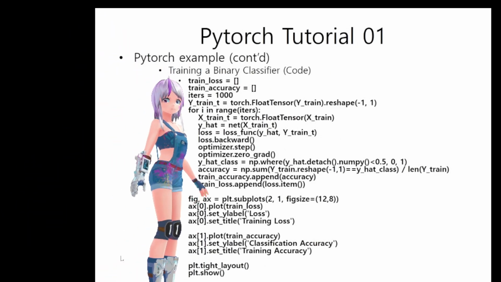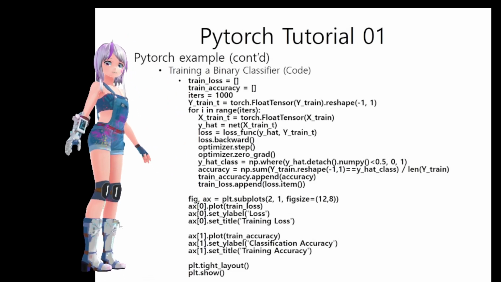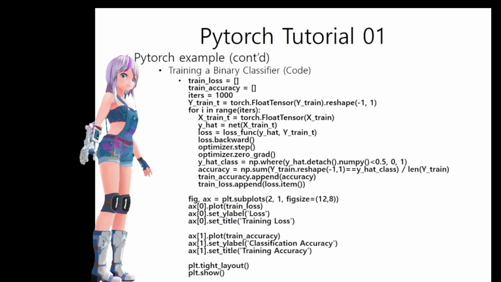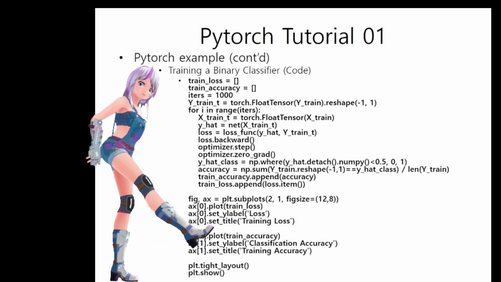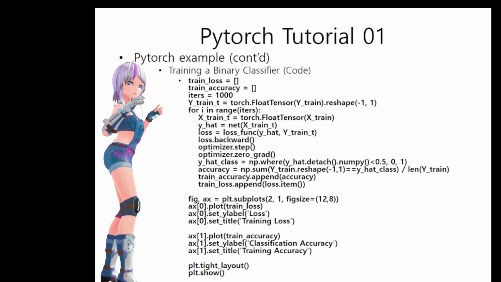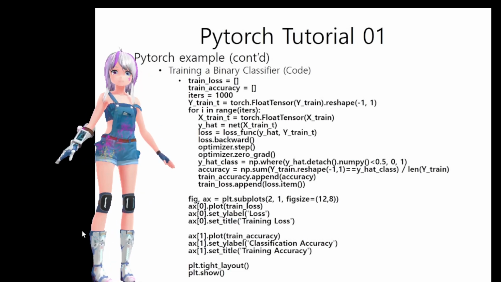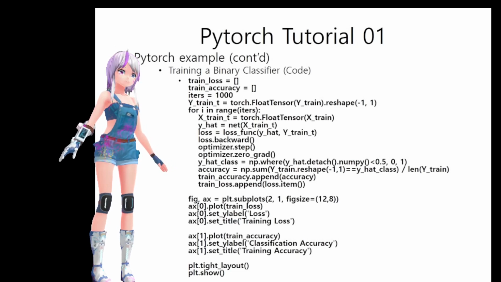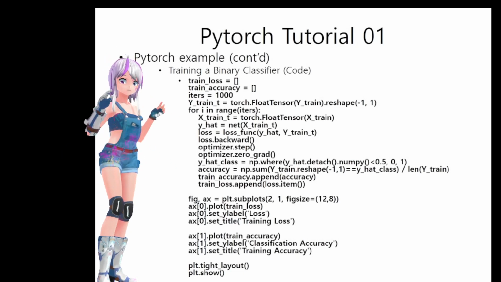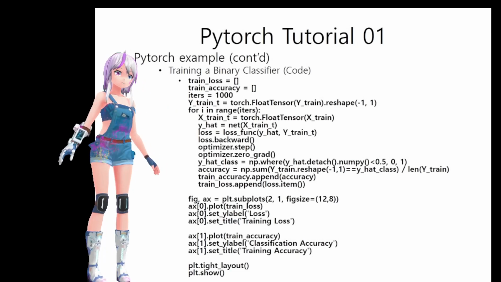Here we have some initialization on top. For example, train_loss equals brackets. train_accuracy is brackets. iteration, the number of total iterations, 1000. y_train_t, which is from our torch built-in function, torch.FloatTensor(y_train.reshape(-1, 1)). So in this case, we have a positive set and a negative set for the labels of y_train_t.